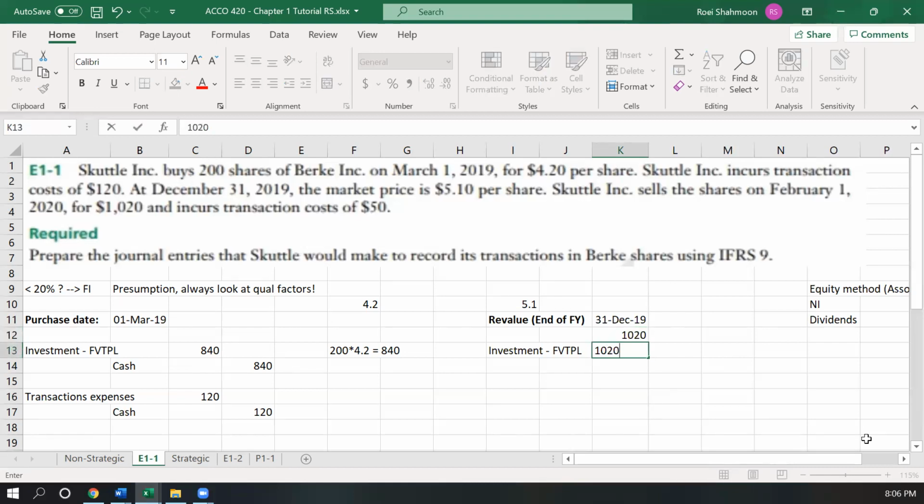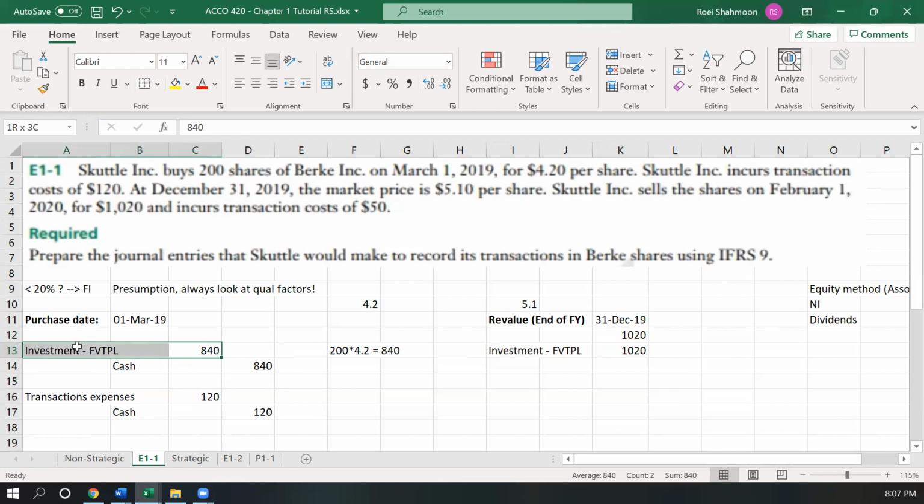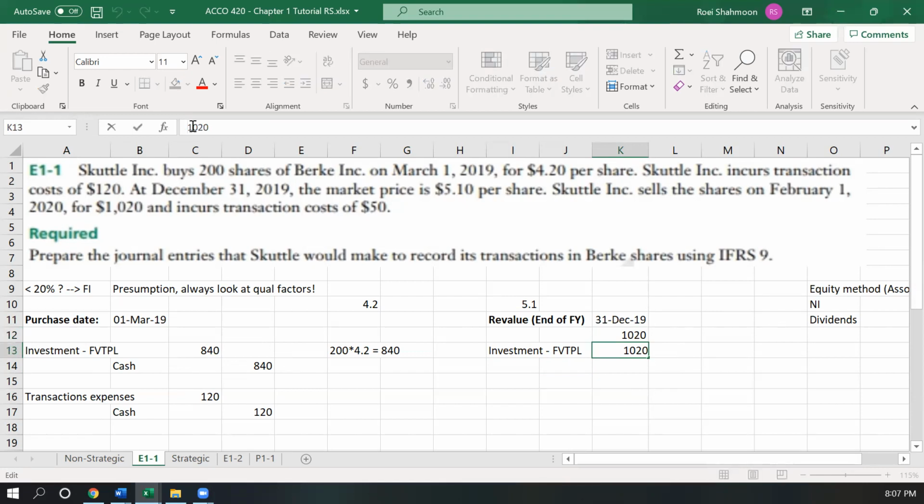So they'll say, give me 1020 over here, and maybe they'll say cash or whatever. This is wrong, guys. This is considered to be double counting, because we already have this on our balance sheet. This is my final value of what it needs to go to. So really, I don't need 1020. I need 1020 minus the 840. I need the difference. So be careful with that. Don't double count your numbers.